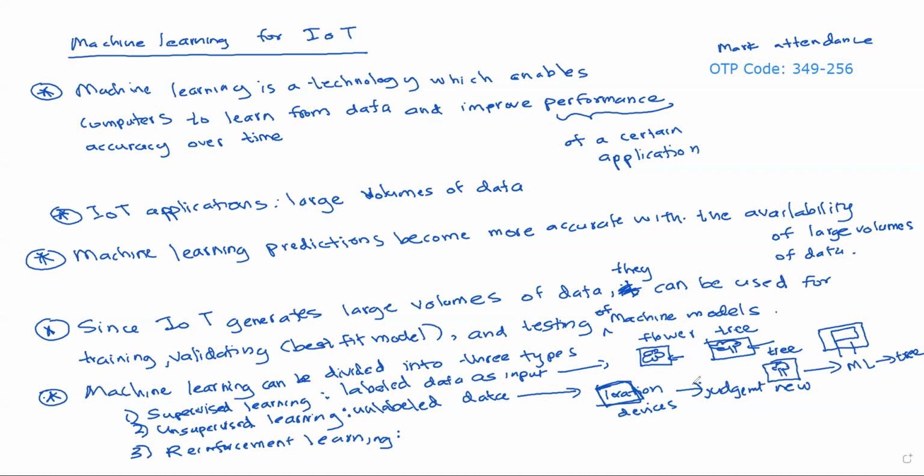However, the machine learning algorithm can make decisions about the collective data, the entire data set that it has.